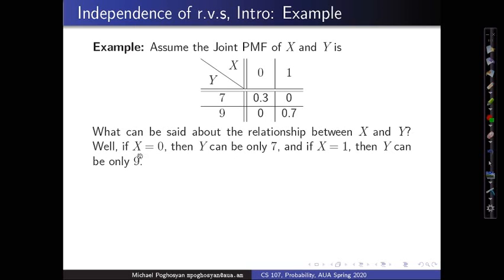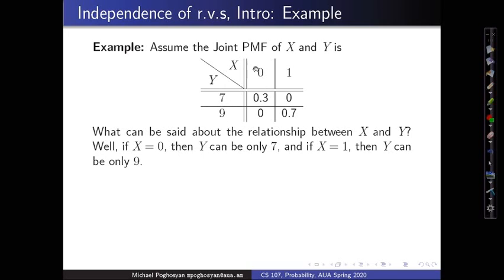If I know the value of x, say x is 0, then that gives information about y. If x is 0, then only 7 or 9 can happen, but because the probability of y being 9 is 0, I can have only this case. So if x is 0, then y can be only 7.